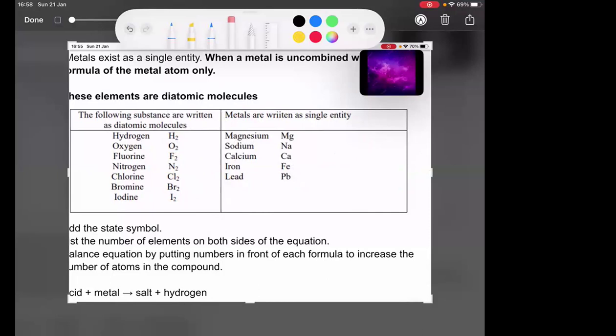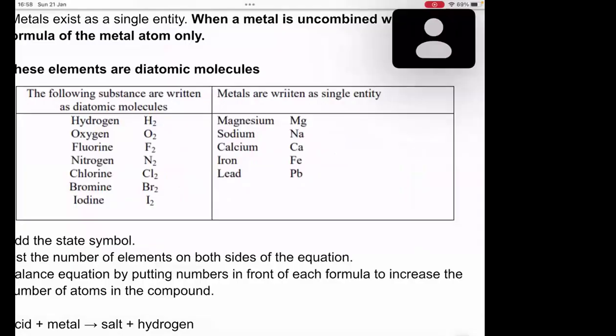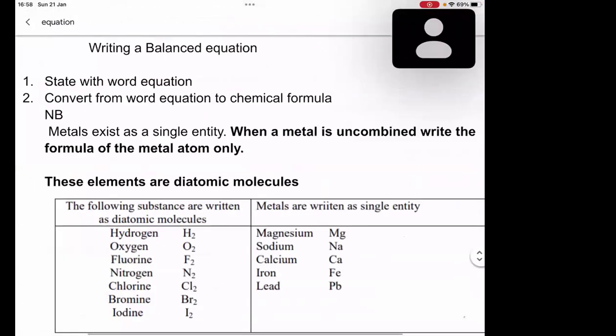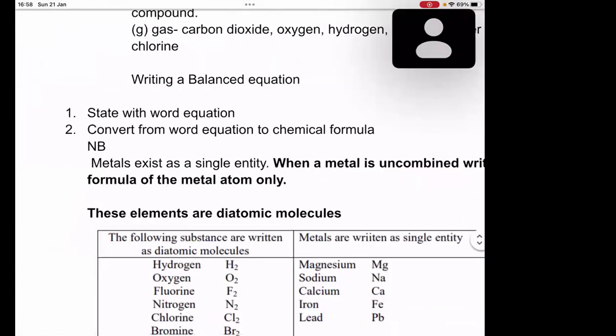Yes, miss. Good. So let's go again. We start with our word equation, converting the word equation to a chemical equation. So we use the system that we've learned last week and the beginning of this week to name them. Then, if the metal is uncombined, all we write is the symbol of the metal only. We do not put in the charge and we do not put in any entity.